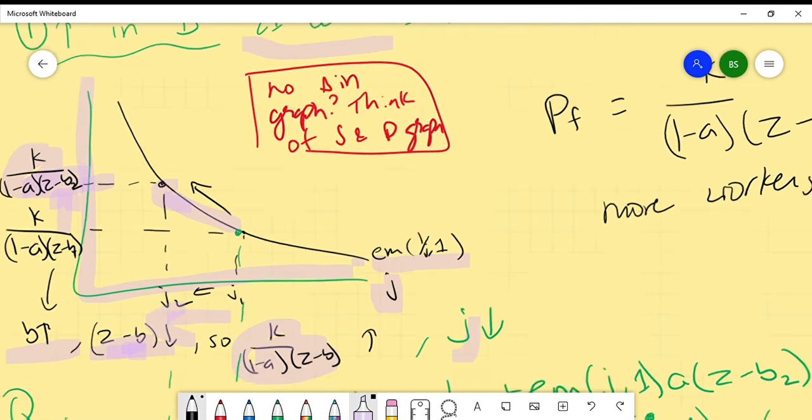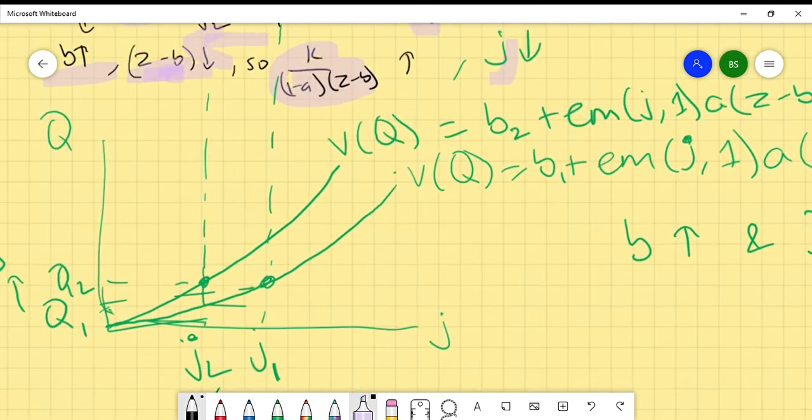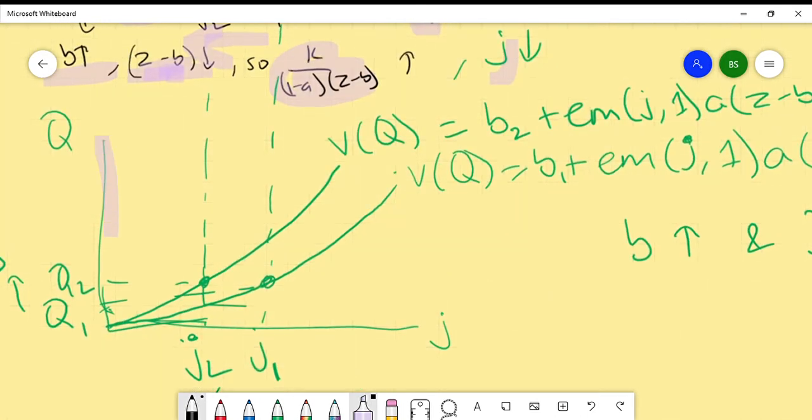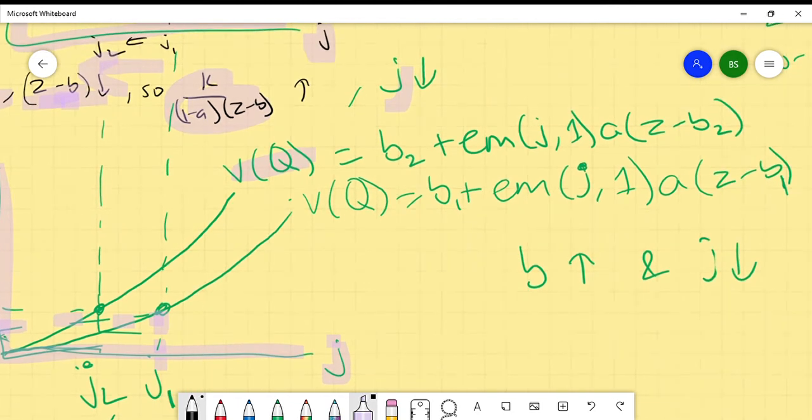And now we're going to use that in our new function over here. This function is J and Q, and we have this VQ function. Originally we have J1 and then Q1, and then some changes occur. One is that B increases, so this B over here increases, and then J decreases from the first function.